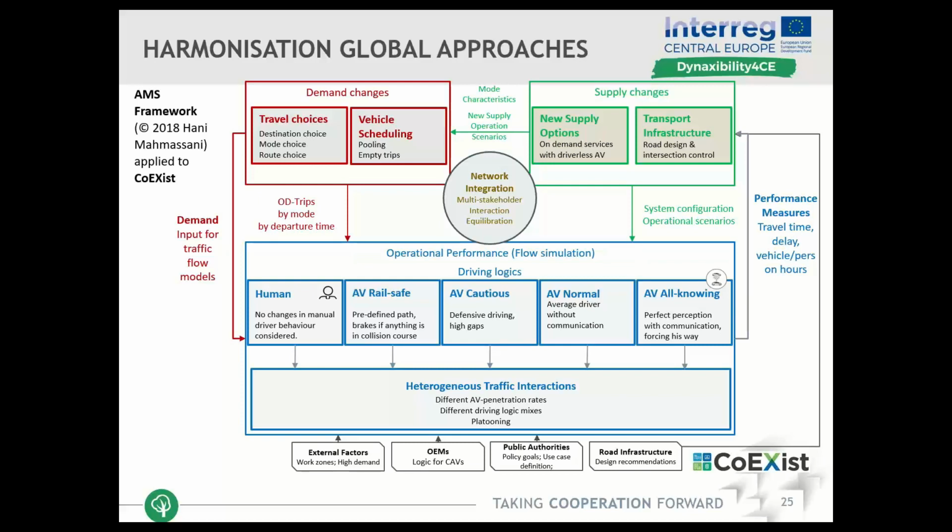And in the Coexist project, taking on this information and the already developed functionalities, we've been interested in learning from specific supply options. So moving into the green area, what are those new types of services? For example, on-demand services, ride sharing, and how would this affect travel demand, travel choices, and scheduling?